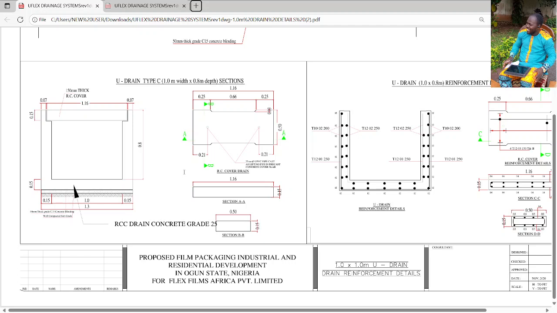Now basically drainages are structures that we use to convey and manage rainwater runoff. There are structures that we use to manage and convey rainwater runoffs, majorly from surfaces, maybe from a building, from the road, from different surfaces.